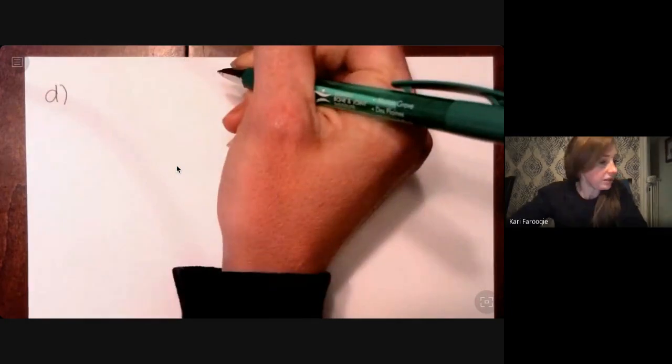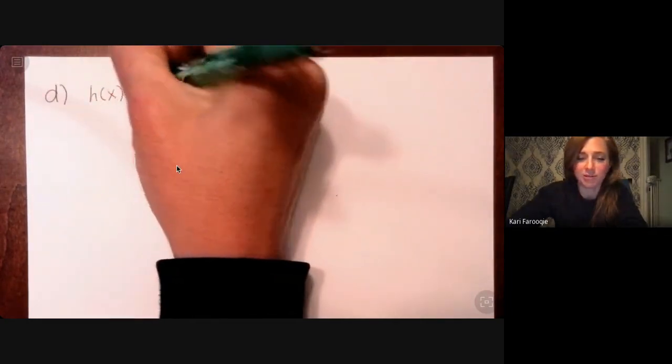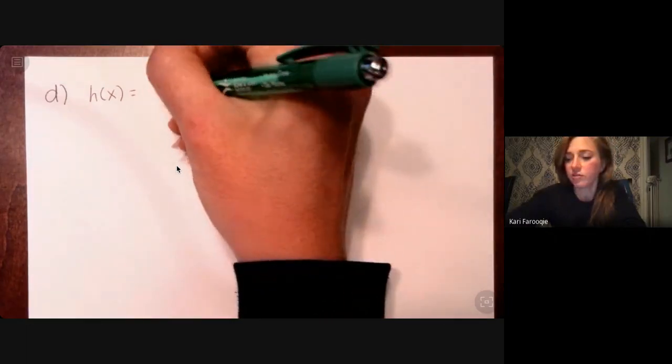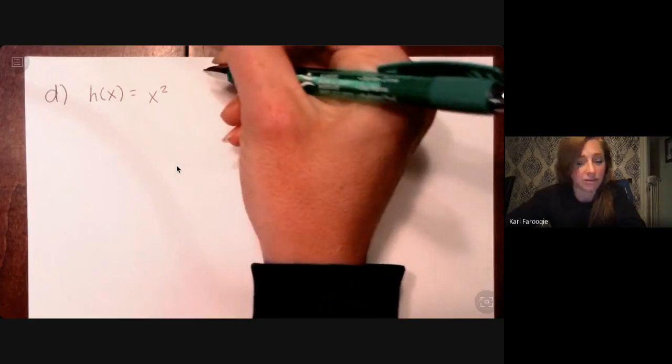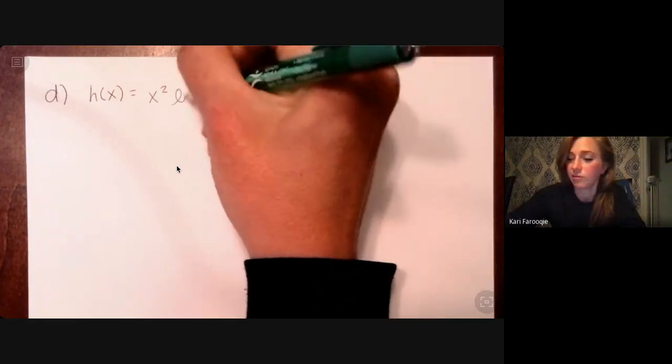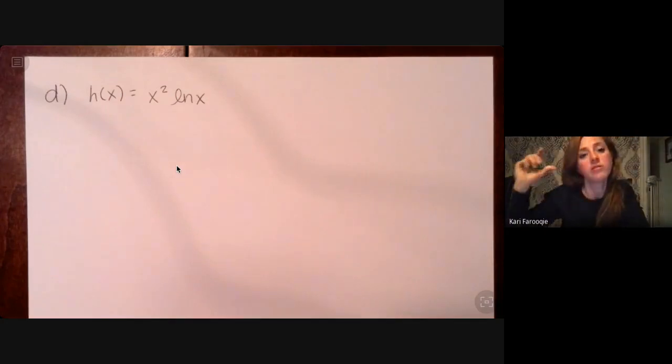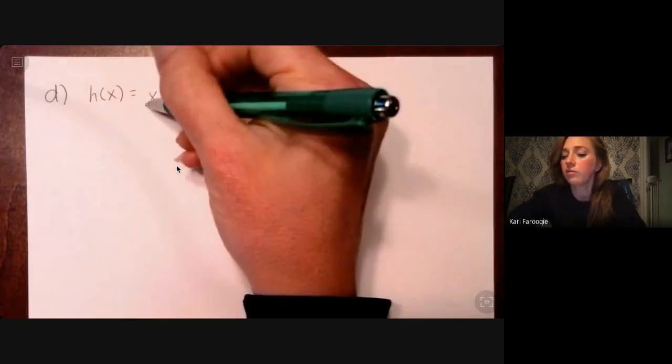All right, so for D, we're going to look at h of x. And anytime I use h of x, that should tip you off that you're probably going to need the product rule. I just use that because then when I label everything with f and g, it doesn't get confusing. So this one is h of x equals x squared times the natural log of x. In this case, we have a product of two functions.